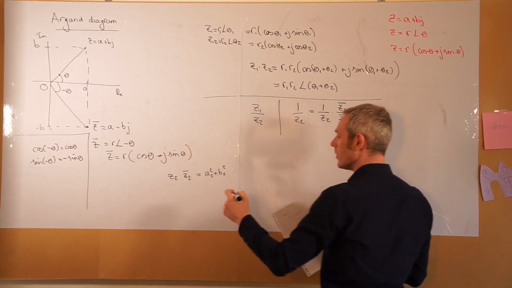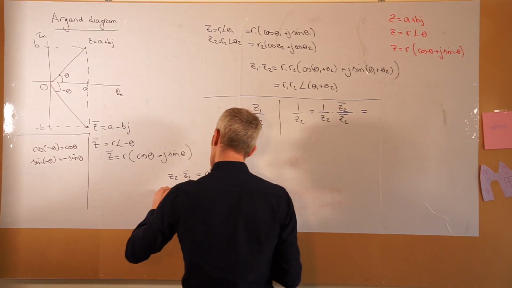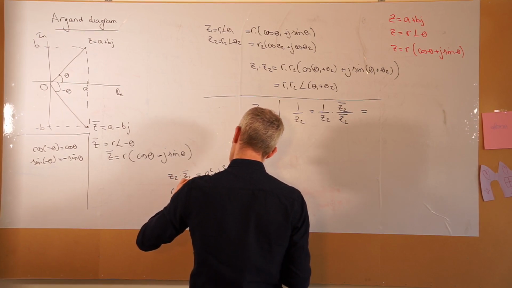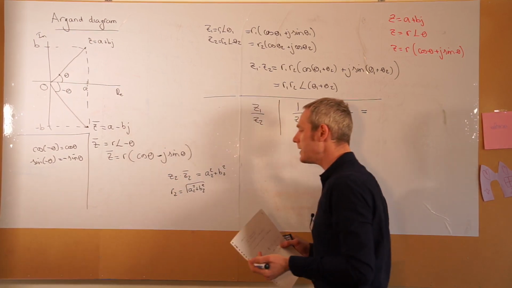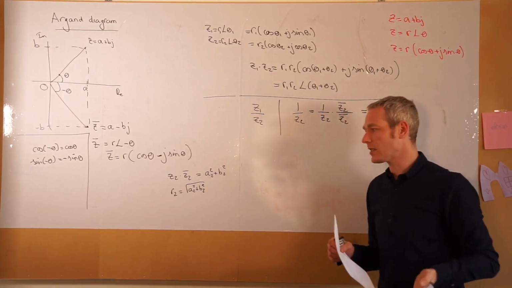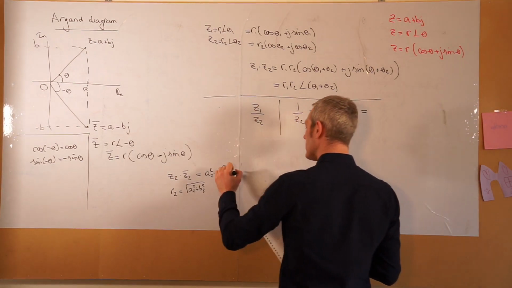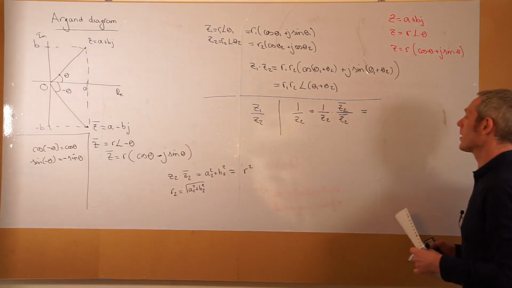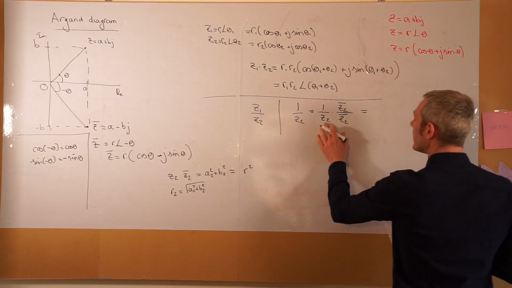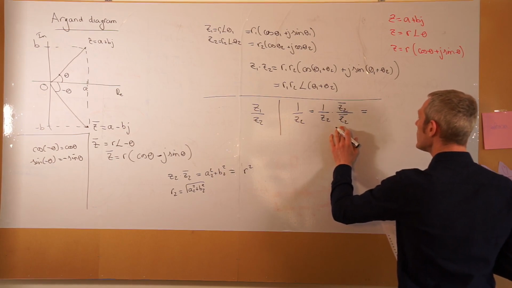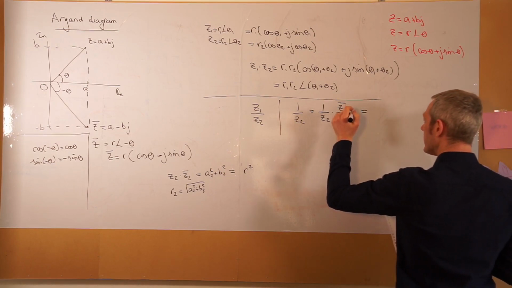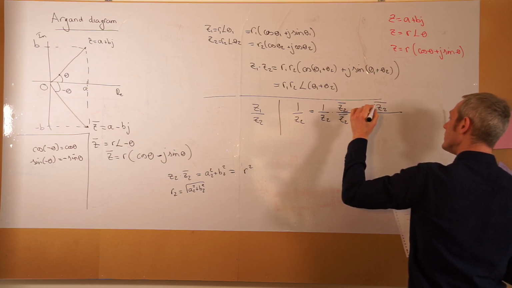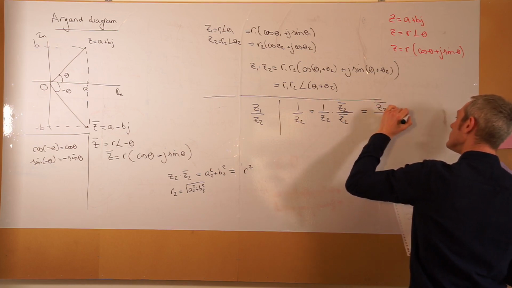Well, we also know that r2 is the square root of a squared plus b squared, which means if we take a complex number and multiply it by its complex conjugate, we get its modulus squared. So, taking that, we know that this is z2 complex conjugate divided by r2 squared.